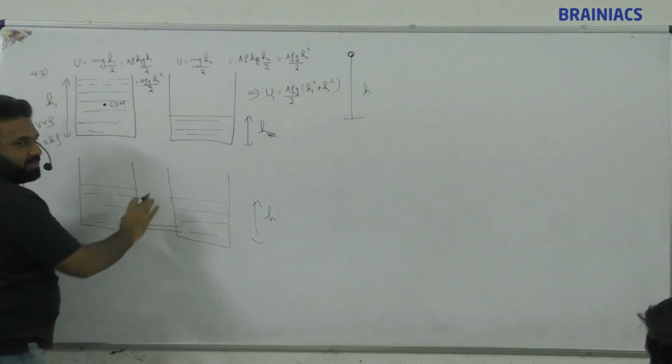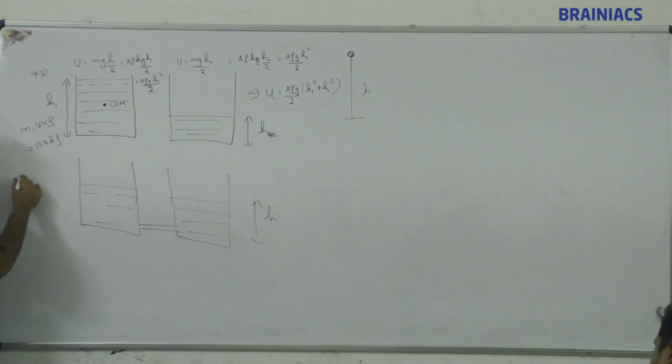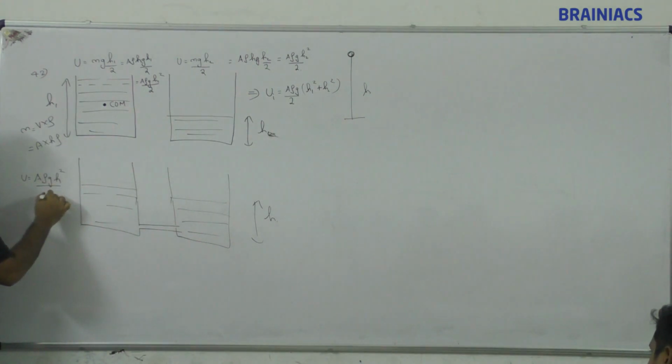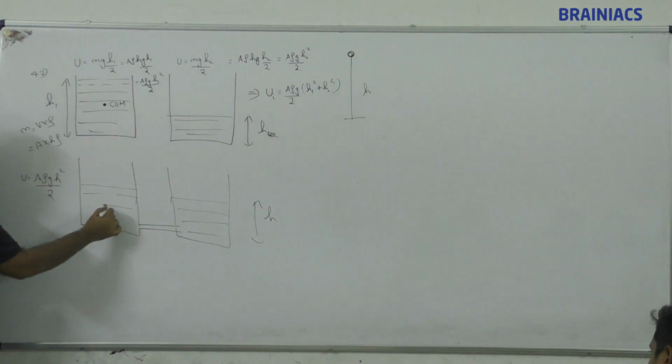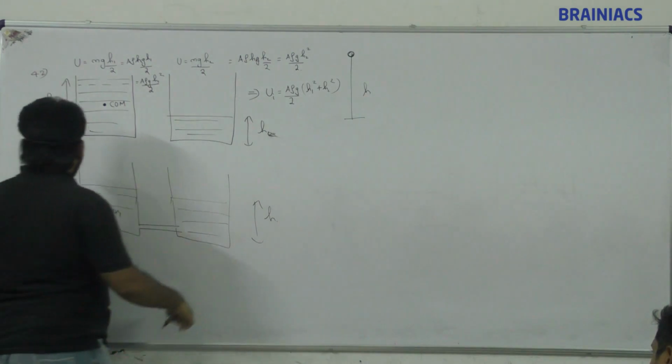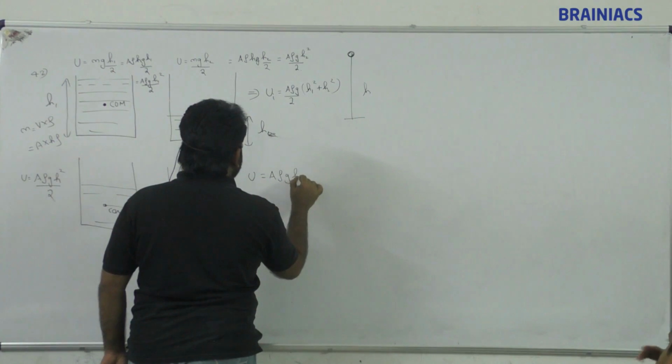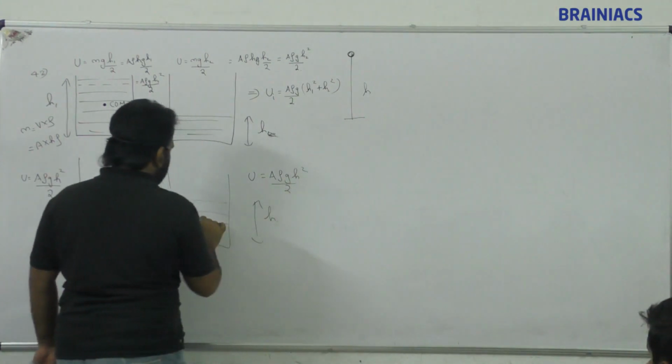Now when we mix this, what happens here? The potential energy is going to be A rho g. Suppose this height is h square by 2, this is the center of mass. Then here the potential energy is going to be A rho g h square by 2, here the center of mass.